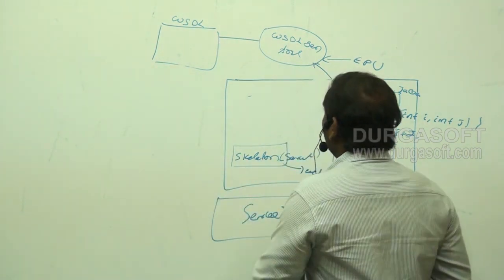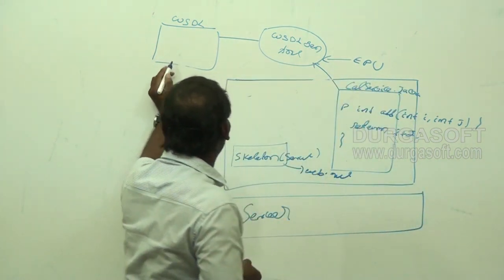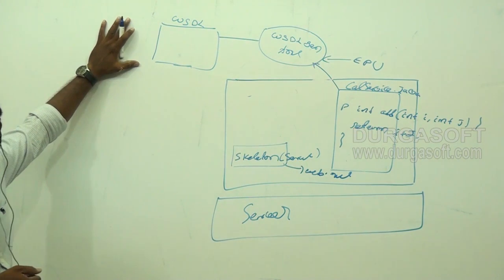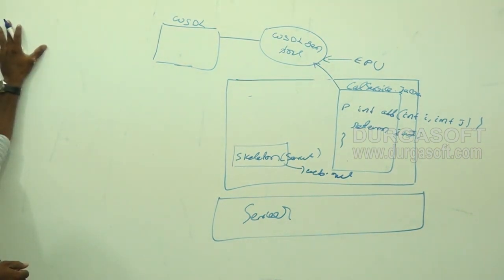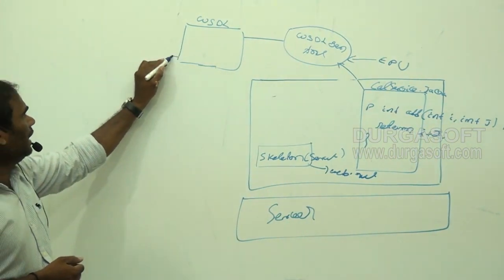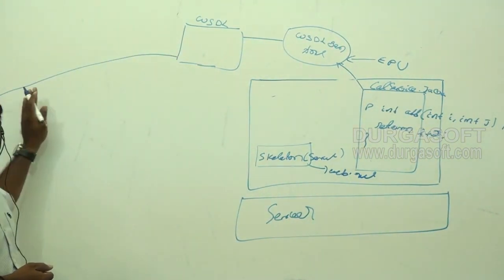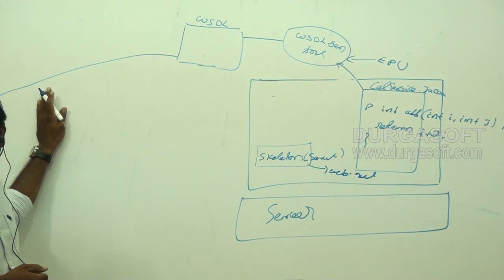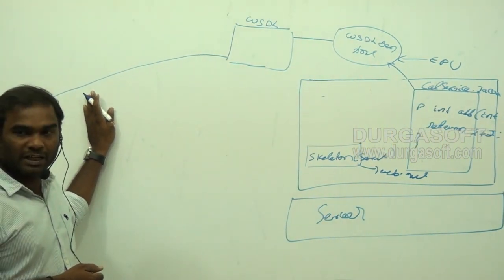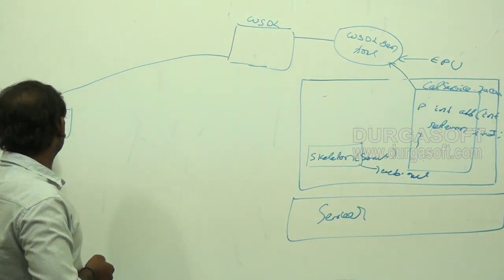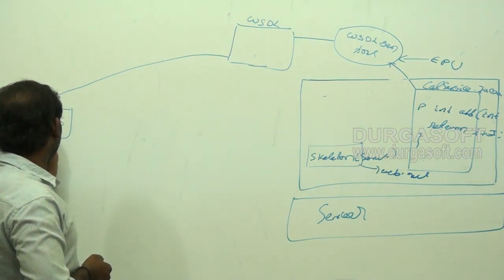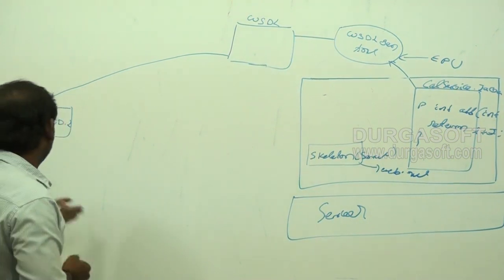Okay, fine. After generating this WSDL file, I told you that the service provider either stores it in the UDDI registry, or directly sends the WSDL file to the client through an email attachment. Finally, the client has this WSDL.